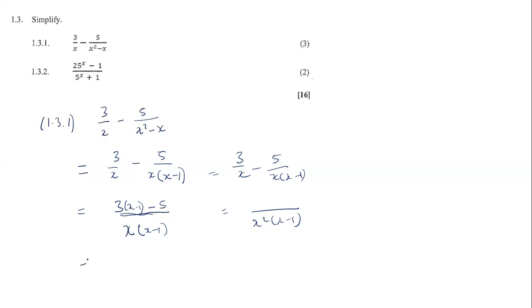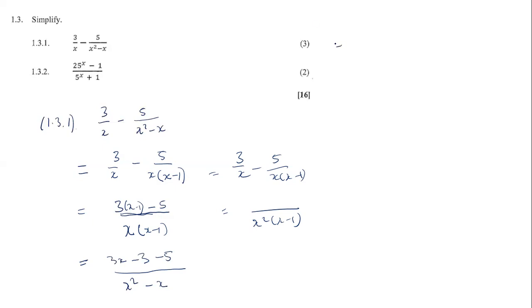Now, after combining the two fractions, let's just simply distribute. So 3 multiplied by x is 3x. 3 multiplied by negative 1 is negative 3. And here we're going to have negative 5. Divide by, you can just leave it here, or you can distribute, but let's distribute. We're going to have x squared minus x.